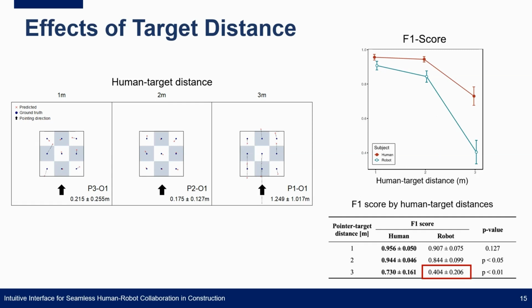This was also reflected in the recognition accuracy, which dropped from 90% at 1 meter to only 40% at 3 meters. The interesting point here is that the human observers were less vulnerable to the distance between the pointer and the targets.